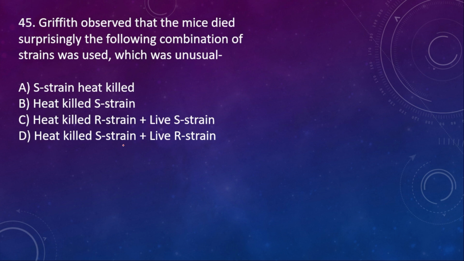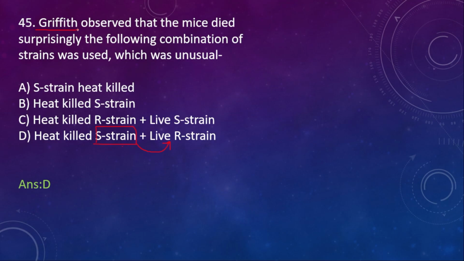And D, heat killed S strain plus live R strain. See here what happens. The right option is option D. When you heat the S strain, the virulent is already dead, isn't it? But the dead virulent is mixed with the live R, and unexpectedly the mice died.